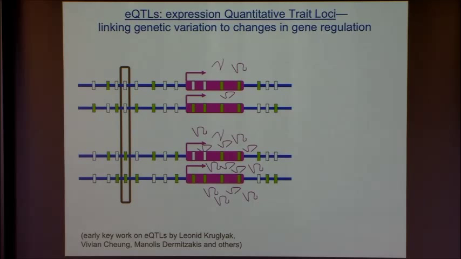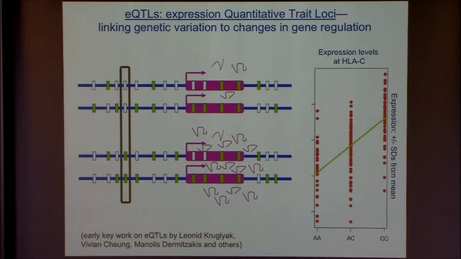Operationally, this means eQTLs where the SNP is close to the target gene. There are also trans-eQTLs, where you have a SNP somewhere else in the genome, and I won't talk about those because the mechanisms of trans-eQTLs are very different from the mechanisms of cis-eQTLs, and they're also more difficult to detect.